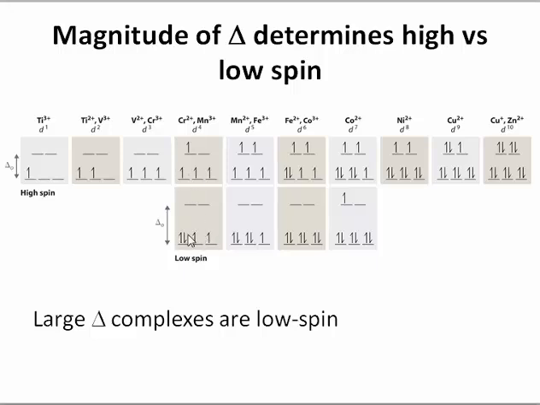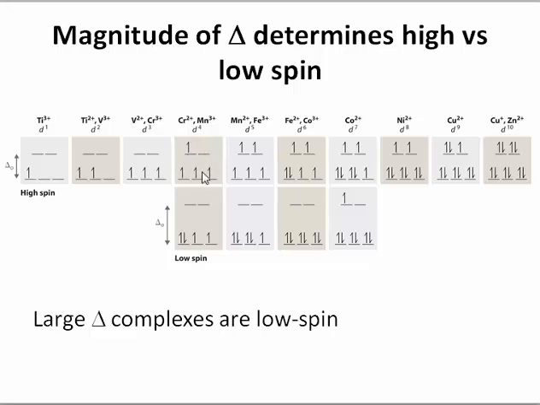Sometimes, in some complexes, however, this pairing does not occur. Instead, the next electron appears in the next higher energy set of orbitals, these 2 orbitals.